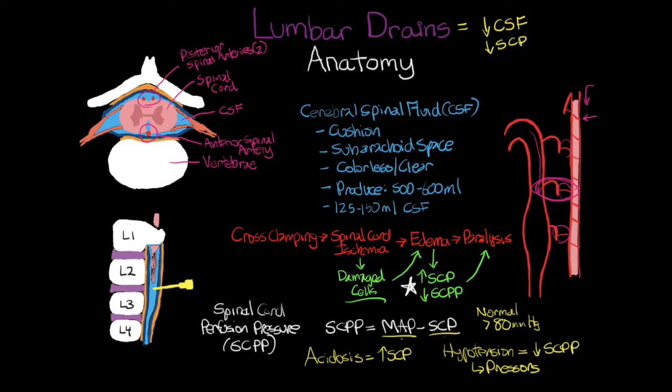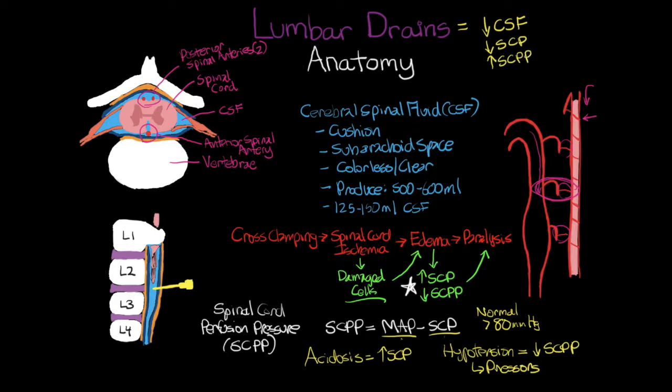And ultimately, looking back at how we calculate our spinal cord perfusion pressure, we take our MAP minus our spinal cord pressure. If we decrease the spinal cord pressure, then we are going to be increasing our spinal cord perfusion pressure.